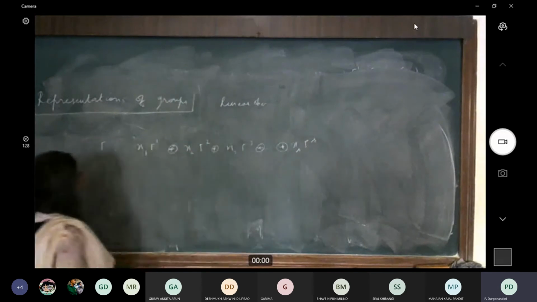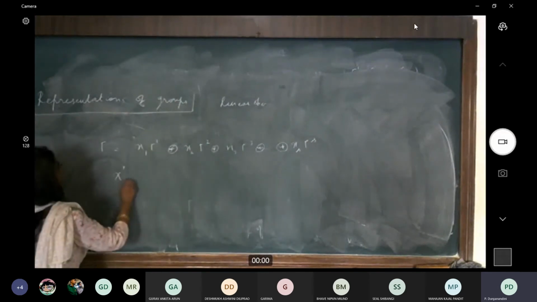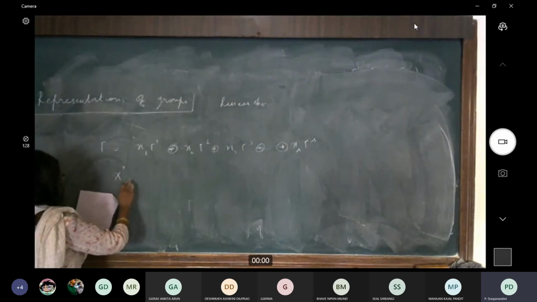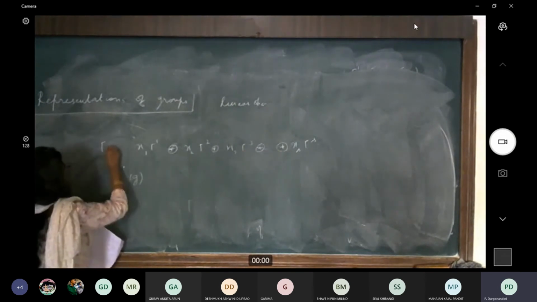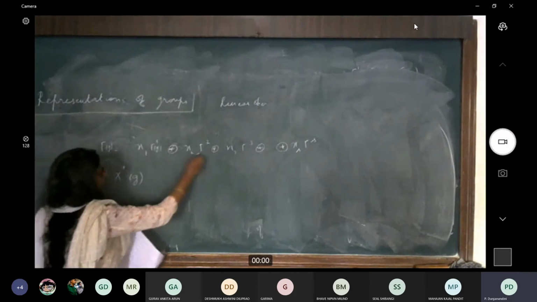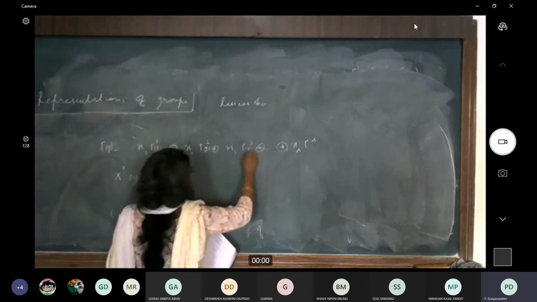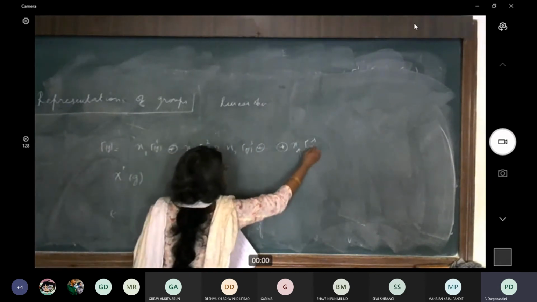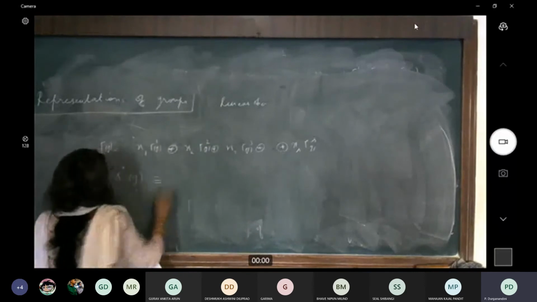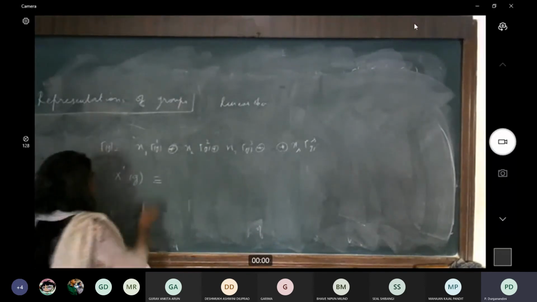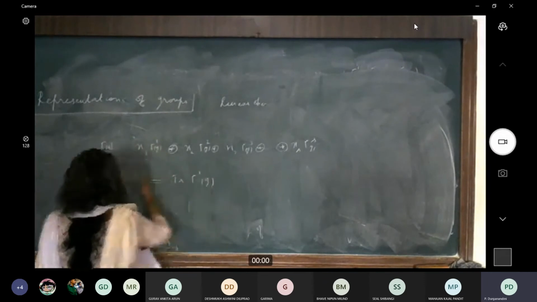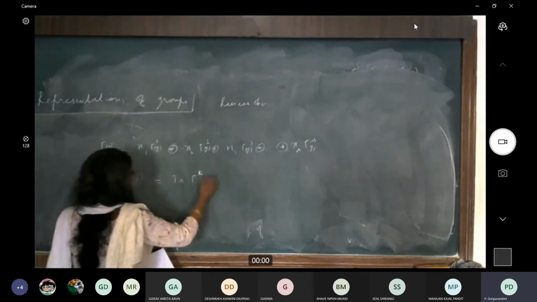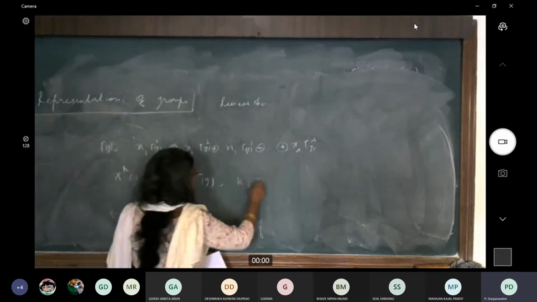So now I can construct the characters for each of these. So I can write down chi1 of G. Please remember that I'm suppressing it, but there's actually a G part here, because I'm doing this for each element G. I define chi1 of G as equal to the trace of gamma 1 of G. Or more generally, chi k of G is the trace of gamma k.